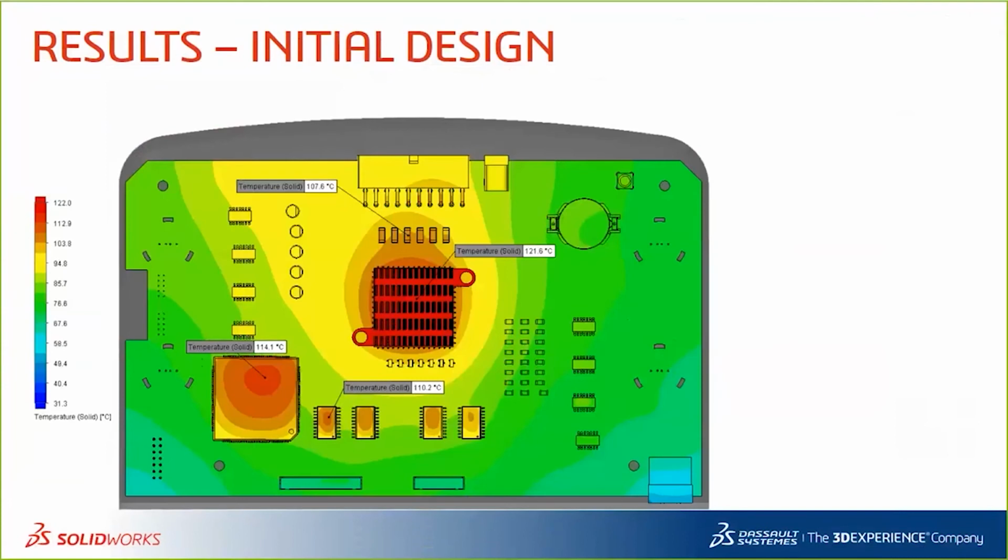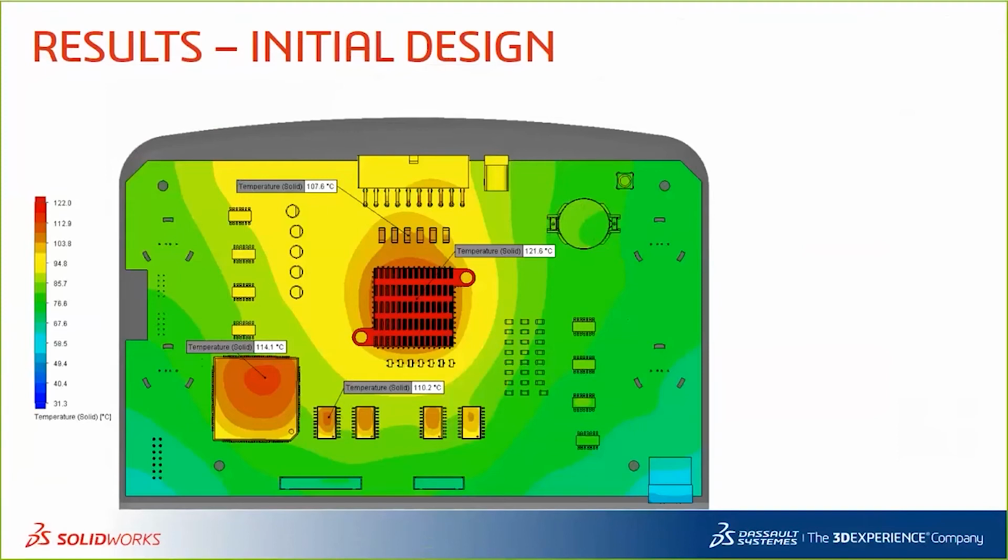Here's a plot of the heat distribution within your PCB. And of course, your heat sink is going to hold on to the most heat because that's its main function. But what we've realized here is that because of the way that the airflow is moving, the cooler air is passing over the heat sink before it touches the capacitors over it.